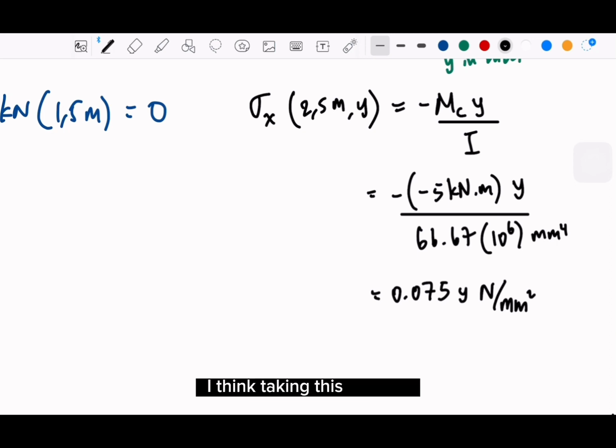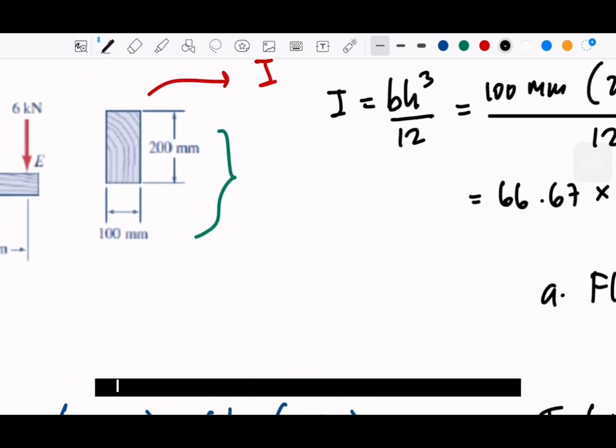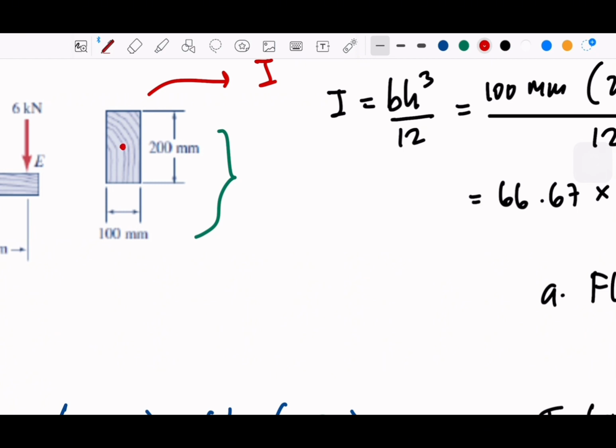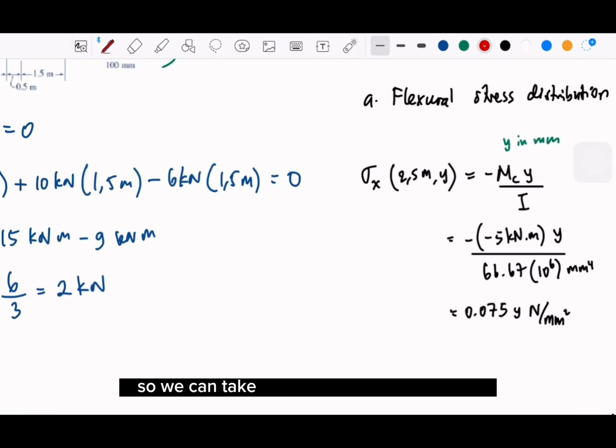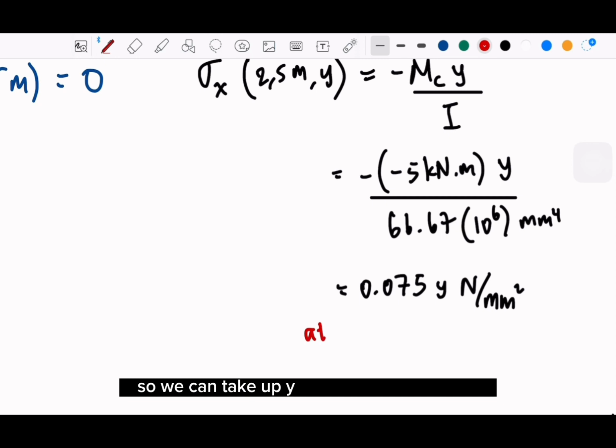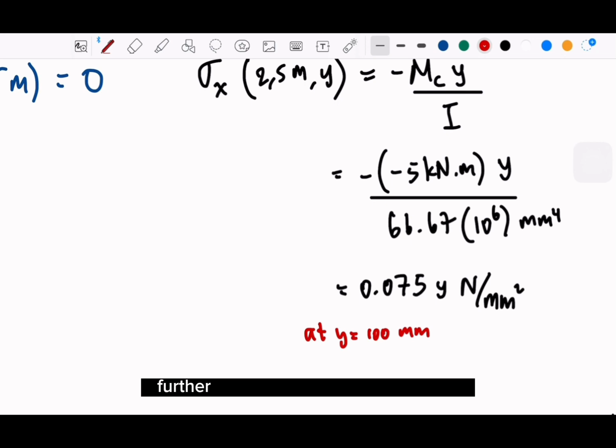I think taking this into our calculation, or if you would like to take y here, the y will be in this middle part here, right? So you could see that y will be taking 100 millimeter, so we can take y as 100 millimeter. We can further compute this and multiply.